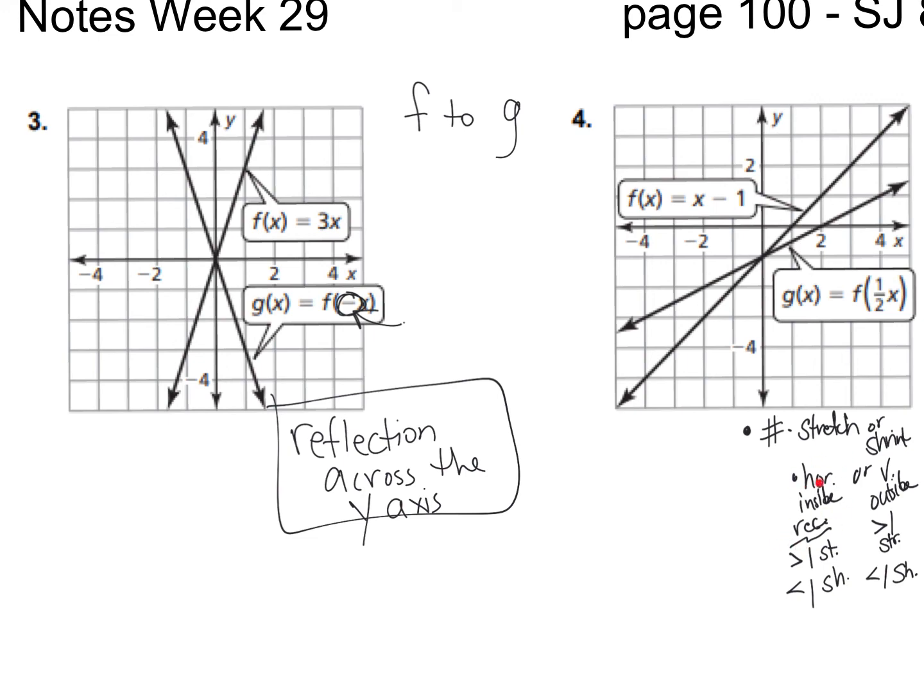So it's a horizontal. And then I think reciprocal. What's the reciprocal of 1/2? That's 2. So it's a horizontal stretch of 2. Let me write that down. A horizontal stretch of 2.